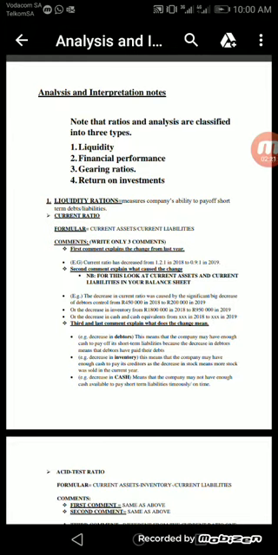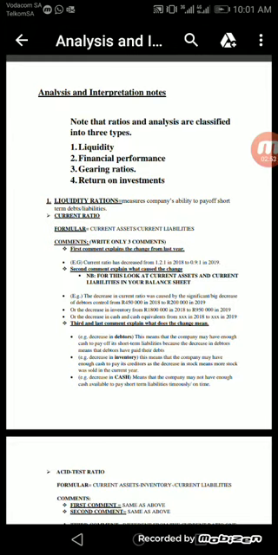It was supposed to be 4 types and not 3, because as you can see, there are 4. We have liquidity ratios, financial performance indicators, gearing ratios, and lastly return on investment indicators or ratios. Today, firstly, we are going to be starting with the liquidity ratios.